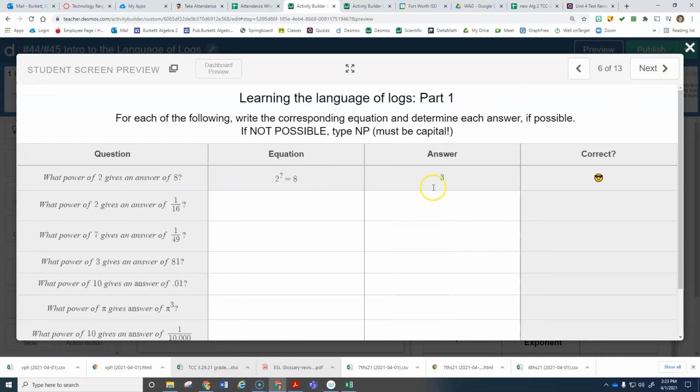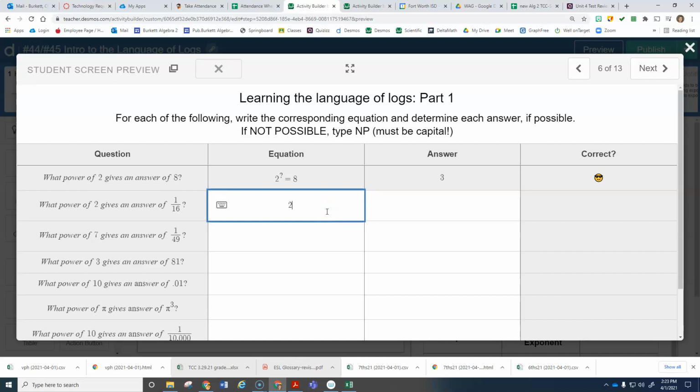Same thing is true over here on this slide. She asked you to write an equation. She chose to write her equation with the question mark as the exponent. You can do that, or you can put the x there. It counts it right either way.